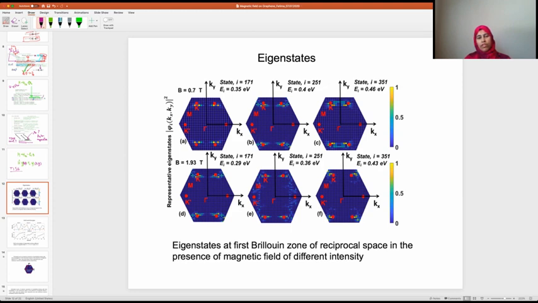Okay. For a lower value of magnetic field, it looks like the electron probability density distribution is localized around the K point, and if the magnetic field is higher, then the electron probability distribution delocalizes around the K points.